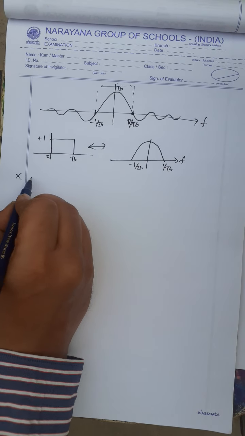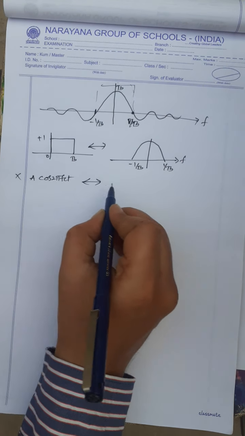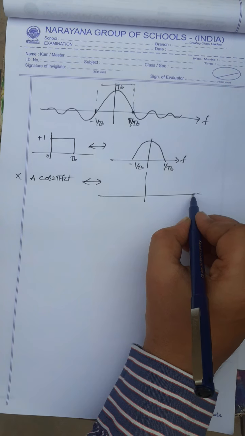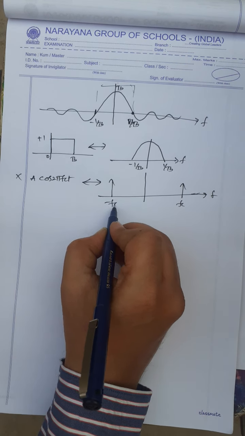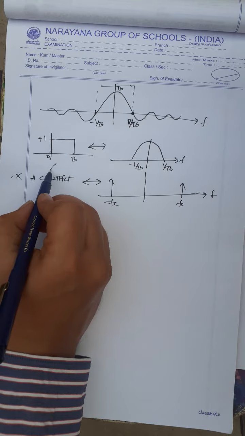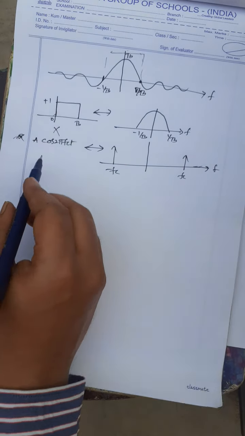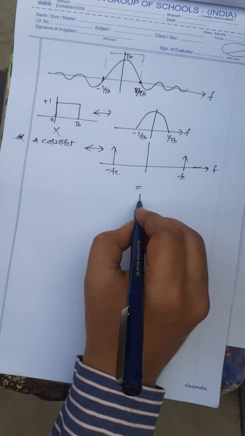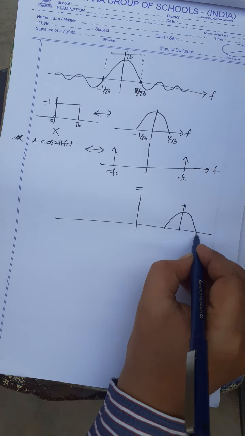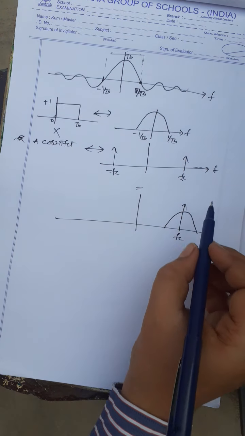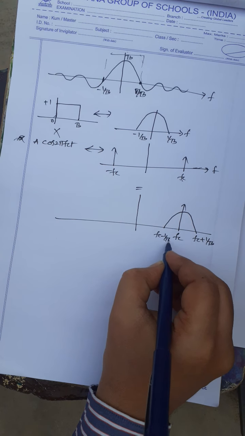This is the input binary sequence. Next it is multiplied with the carrier signal A cos 2 pi fc t. The spectrum of the carrier signal, we know, is one impulse at fc and another at minus fc. The multiplication of these two gives A cos 2 pi fc t times the sinc. The resultant is fc plus 1 by Tb, here fc minus 1 by Tb.